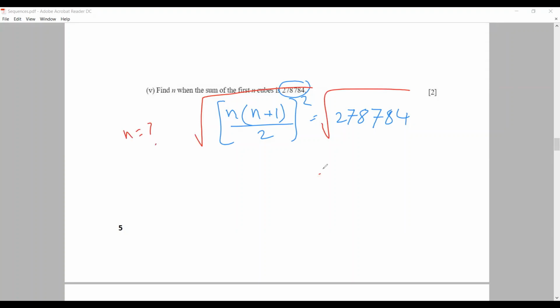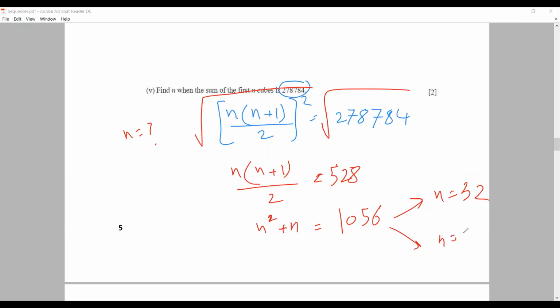So that is 528, and we have n times n plus 1 divided by 2. N squared plus n is equal to 1056. So I have to find the value of n.